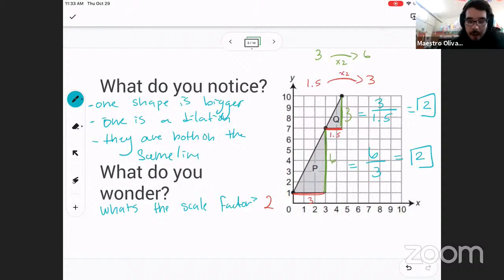But notice how 6 over 3 looks like it's different from 3 over 1.5, but they're not different. It's the same ratio. It's the same number. Keep that in the back of your mind, okay?